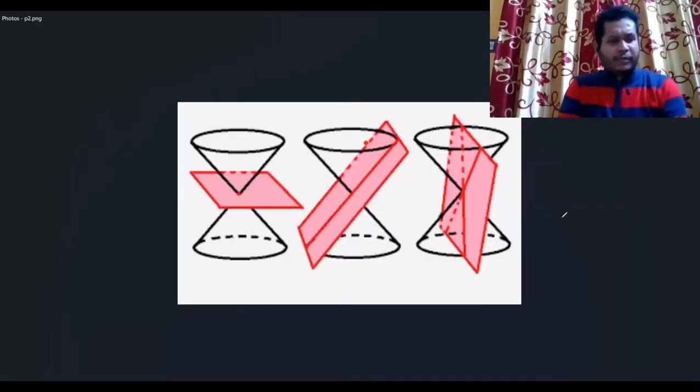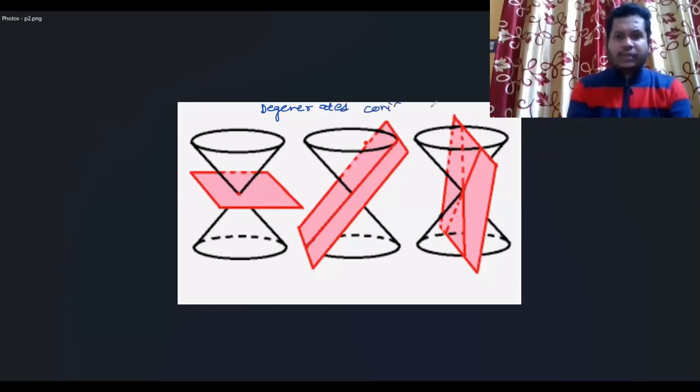Now we'll see a few degenerate conic sections, and one by one we are going to discuss the different scenarios. So what are those? These are a few special cases that we are going to learn here. Now let's see the first case. This case will arise when alpha is less than beta and beta is less than or equal to 90 degrees.